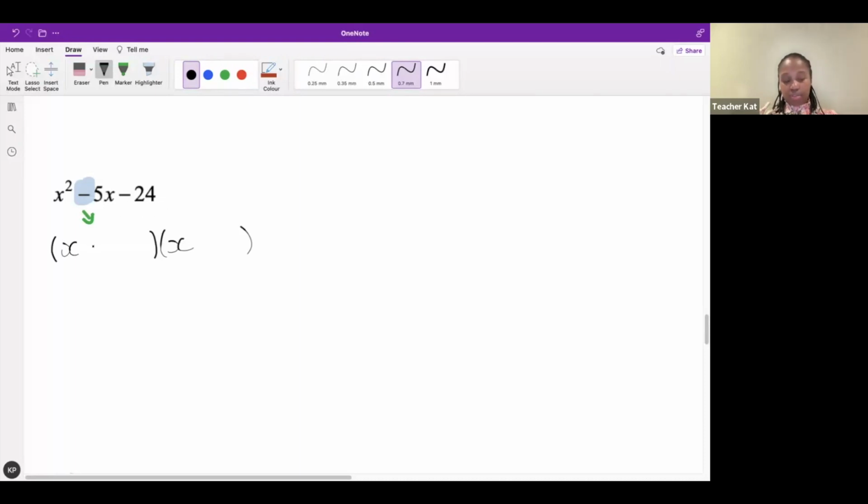A negative. Now, what does that negative tell me about the second one? Is it a keep or a change? We have a change. So the next bracket will have a positive. Great. Next step, factors of 24.